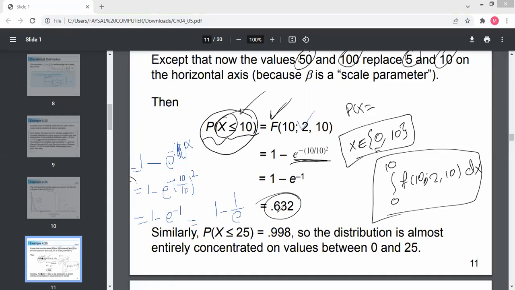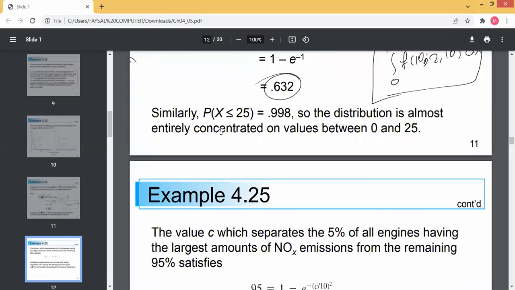So 0 to 25, the value equals 0.998. Okay, so these are the values to find the respective probability by using the Weibull distribution.